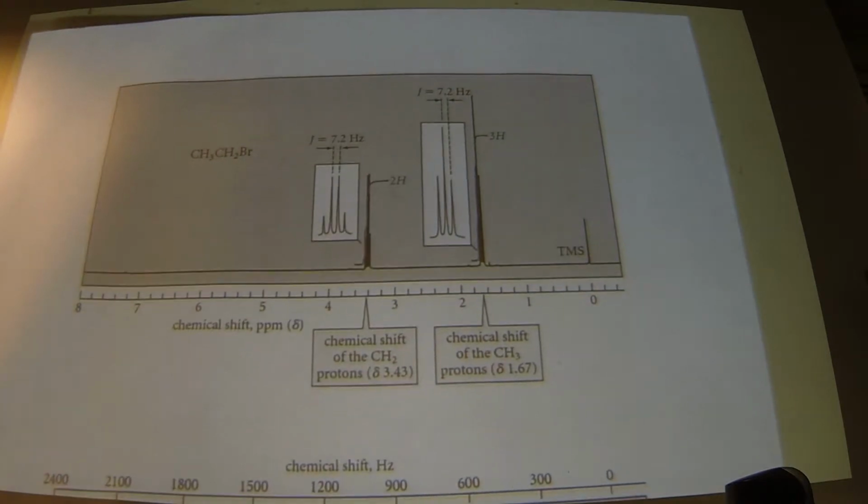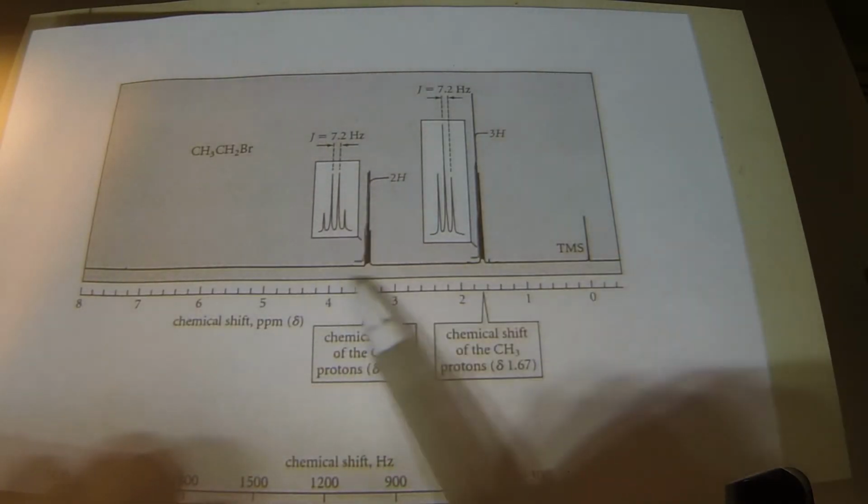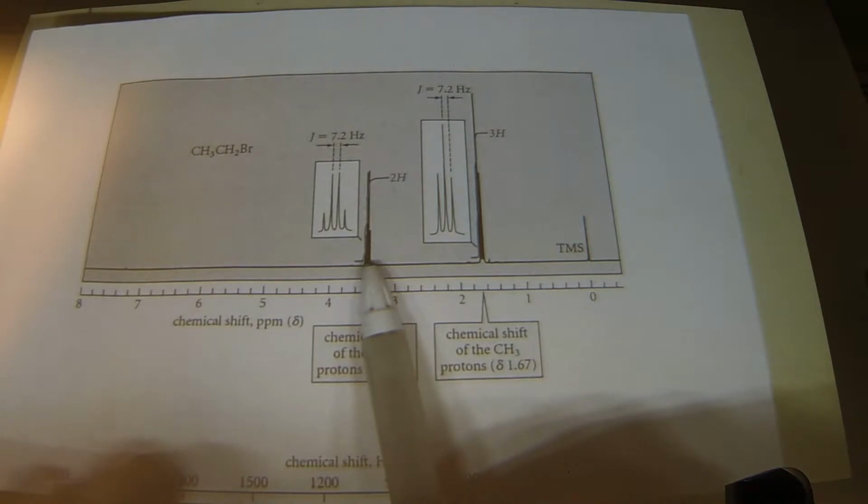So what do we see for that? This looks a little different. It looks as if we have two packets of peaks, one packet that is shielded and one packet that is de-shielded. Based on our discussion, which is the de-shielded peak going to be?